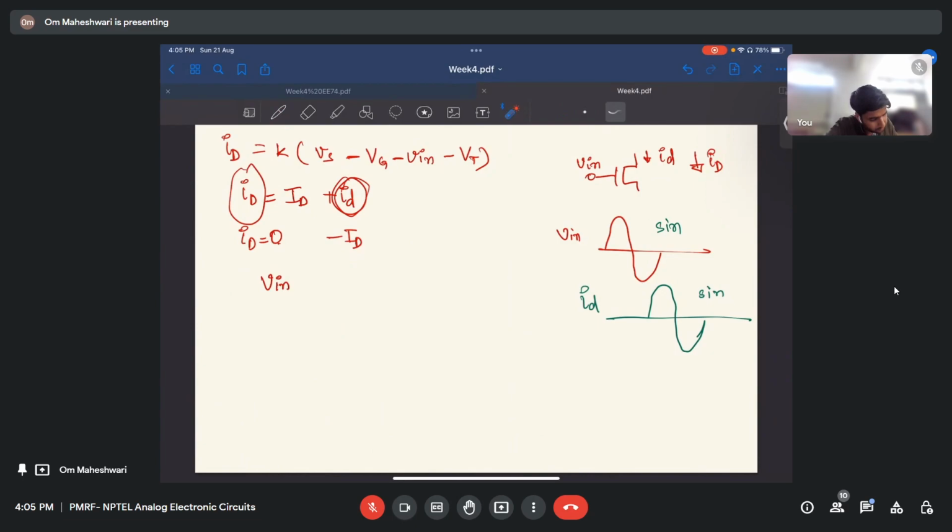So when Vn has its minimum value, since it is a sine wave, if its negative value is minus ID, its positive value will be plus ID. So that is why I take this: when Vn is minimum, ID is maximum, ID is ID plus small ID, and small ID is again ID. So ID equals 2ID.